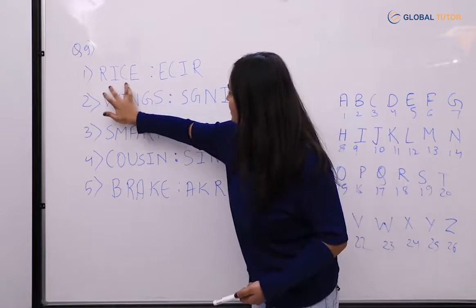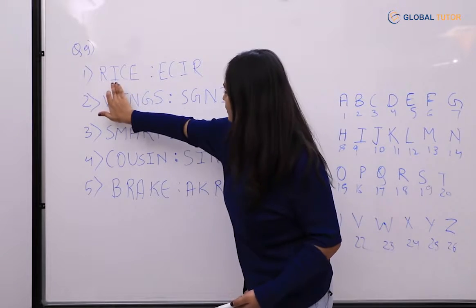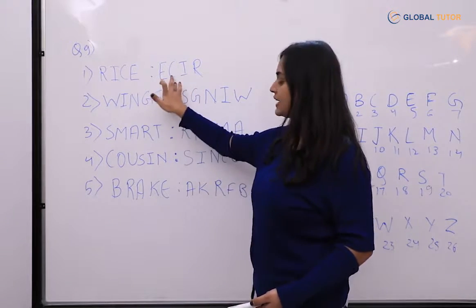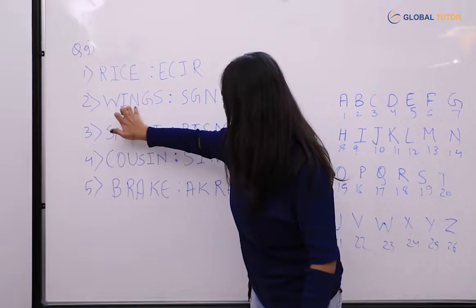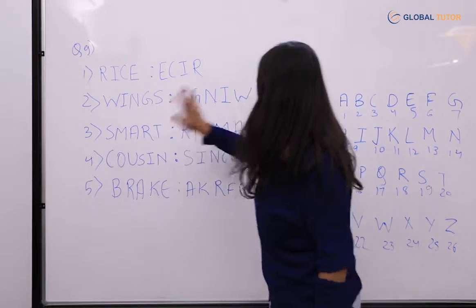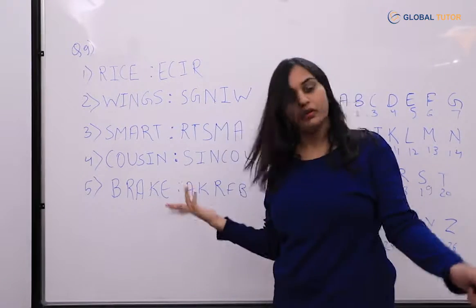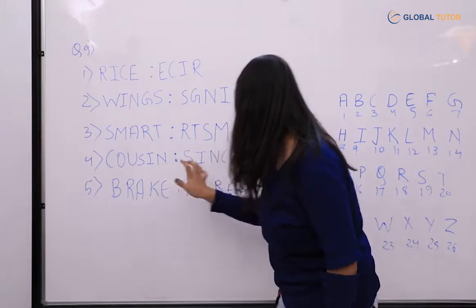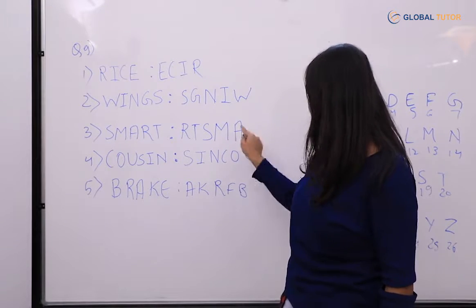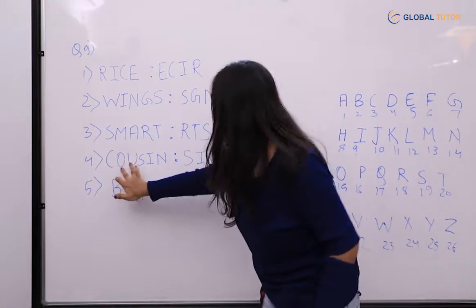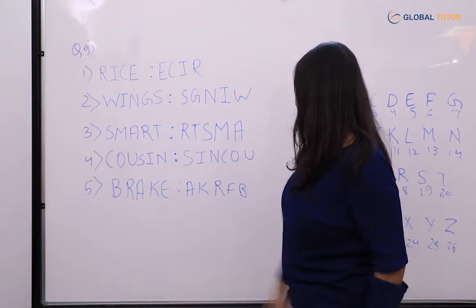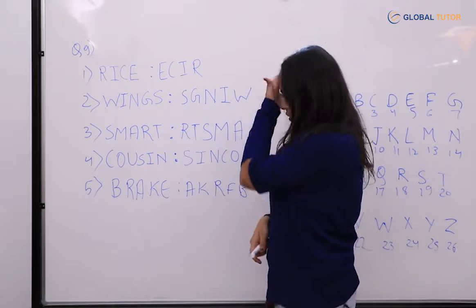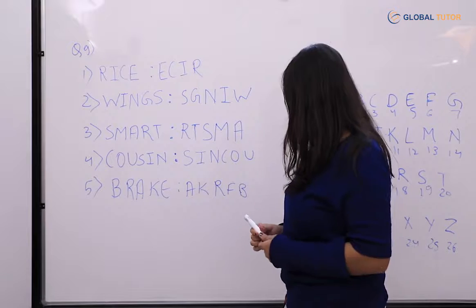I and C, second and third are second last and second third. I and N, second and third are second last and second third. M and A, not exactly. This could be the odd one out. O and U, not exactly. So okay, this is not the right way to approach this problem.